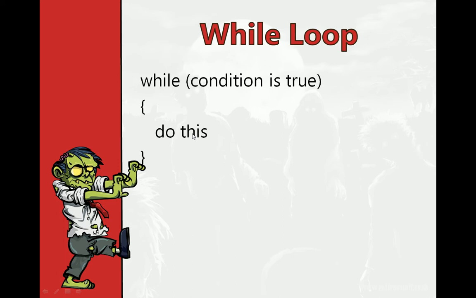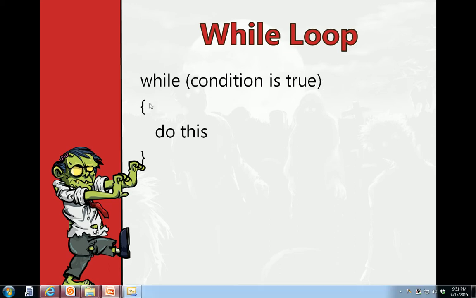Now notice, just like with if statements, there is no semicolon after the closed parentheses, there's no semicolon after the open curly bracket, and there's no semicolon after the closed bracket. I want y'all to sit back and take that in for a second.